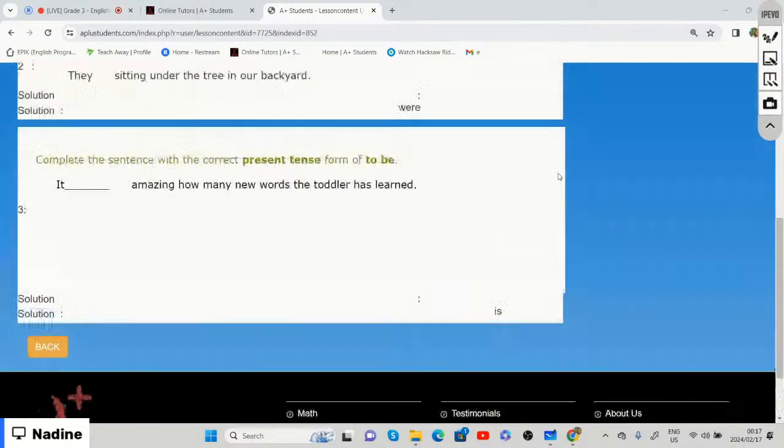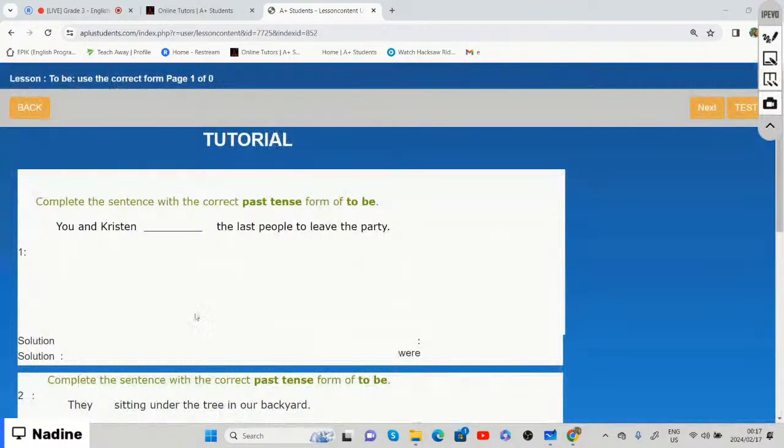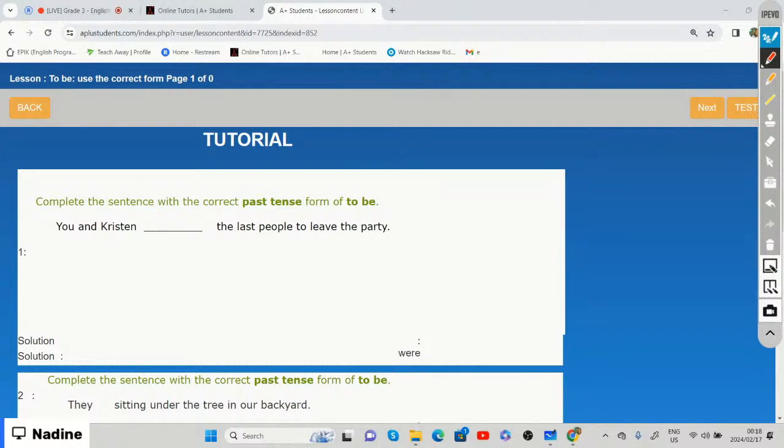All right, so I remember we said that the focus is mainly on the verb, right? And the verb is in the present tense. Let's say, for example, here they're saying you and Kristen, right? So you and Kristen, is that singular or is that plural?